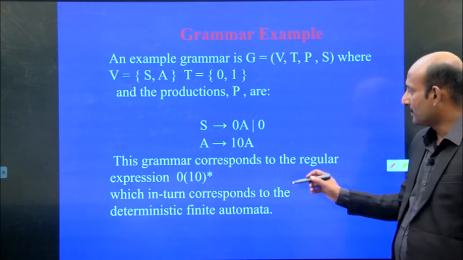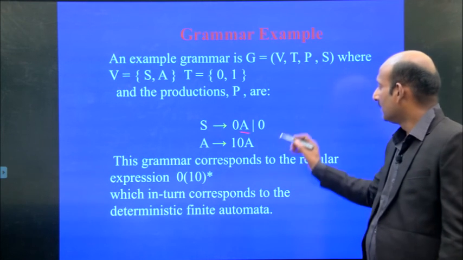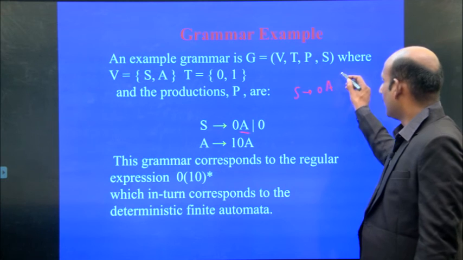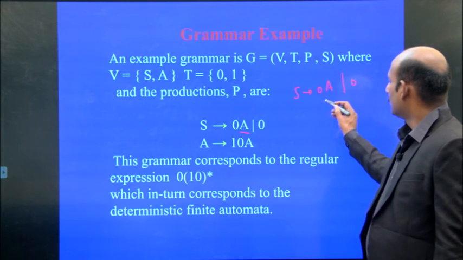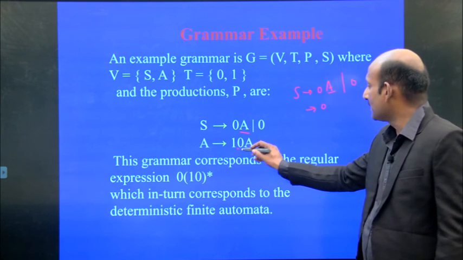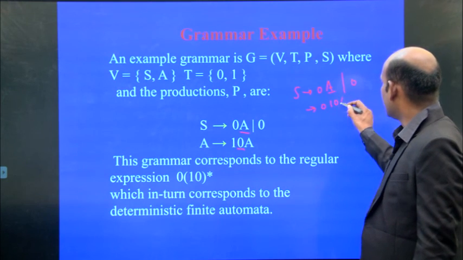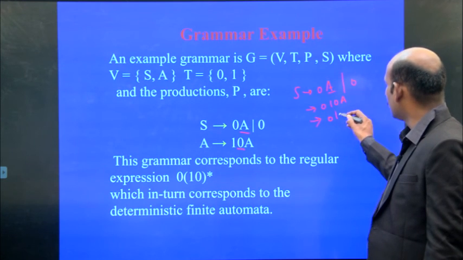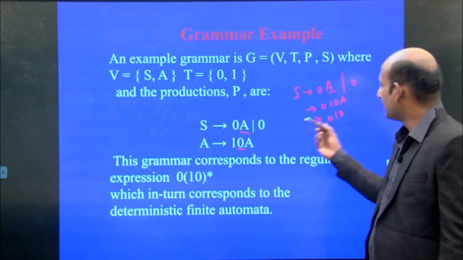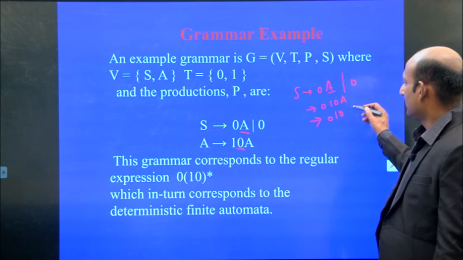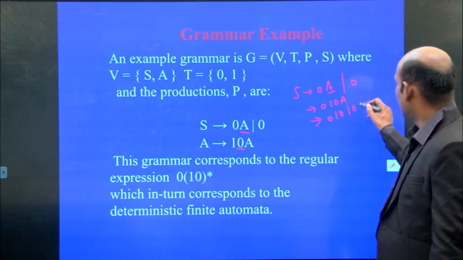If we substitute this A, S tends to 0 A or 0. So we can replace with 0. Instead of this A, we can replace 1 0 A. So 0 1 0. Again, for A, there is no other way. We can replace it with 1 0 A likewise.